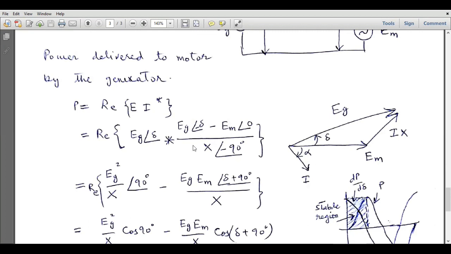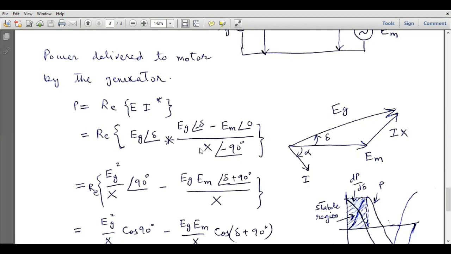So let's simplify this expression. So we will evaluate the real part of E this times this. So Eg with an angle of delta multiplied by Eg with an angle of minus delta will be equal to Eg square. Delta minus delta will be equal to 0. And in the denominator we will have X, and that minus 90 when placed at the top will be equal to plus 90.